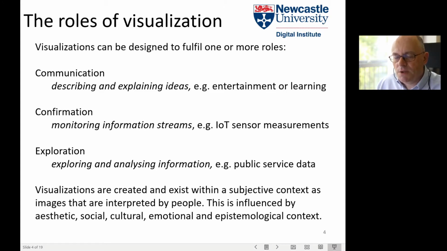To a large extent, the science and engineering of visualization tries to say what visualization tools can we agree on, or can we propose that should be interpreted in a consistent way by people. But all of these factors come into a final idea from a visualization inside the mind.